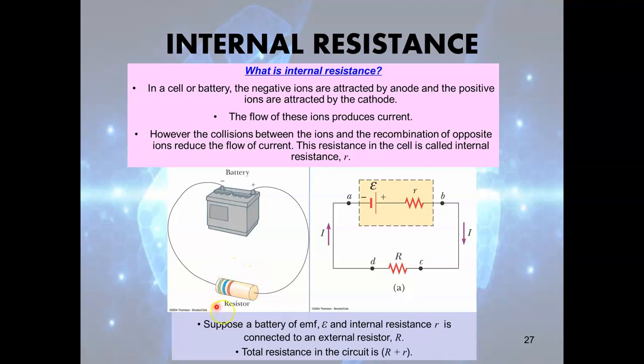So we have our R over here. This R is symbolized as this R, the symbol of the resistor. We also have our battery over here, which is our source of EMF. This is the symbol of the source of EMF.